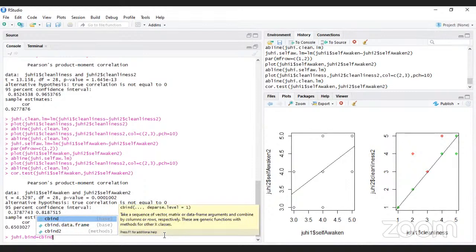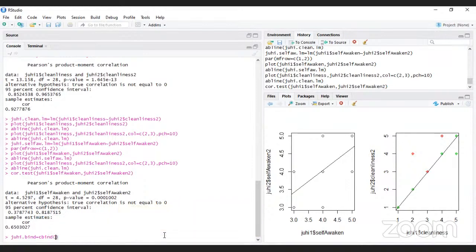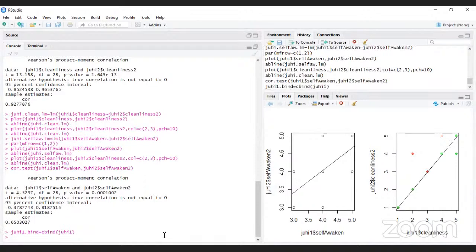Okay, so all the columns, I can write juhi1.bind, and if I write juhi2.bind, and the cbind is juhi2.